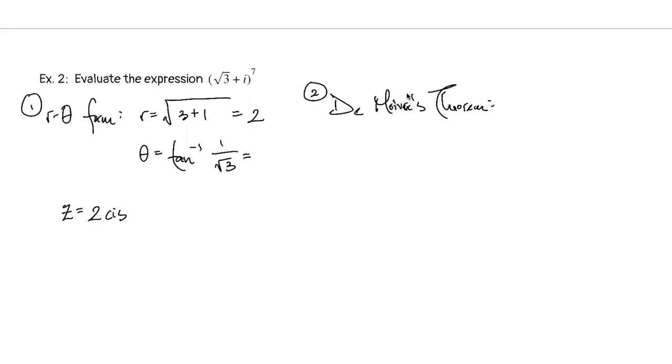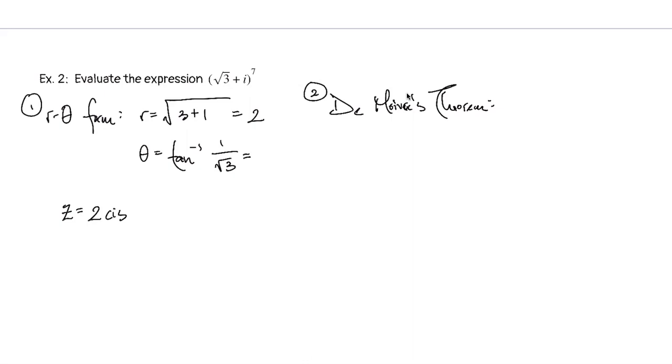All right, so we should have our r equals 2. What are folks getting for the theta? Would it be pi over 6? What do we think?